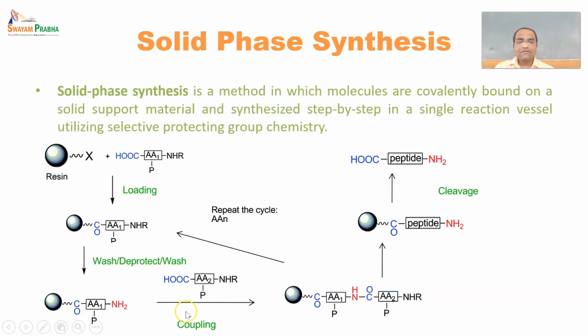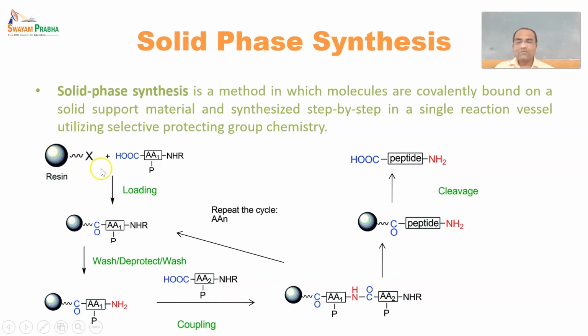After that there is cleavage from the resin, because this one is not desired, and this carbonyl terminal is converted to a carboxylic acid, and now our protein molecule is ready. So this is how proteins are synthesized by solid phase synthesis, and this method is done in a single vessel, step by step.